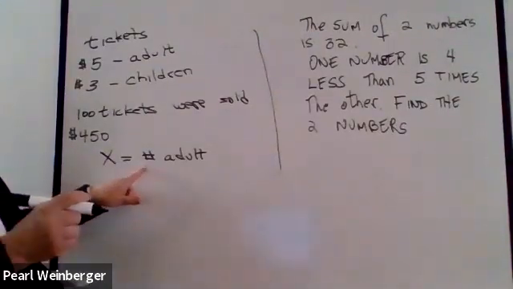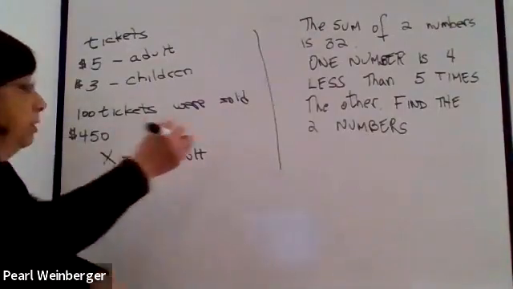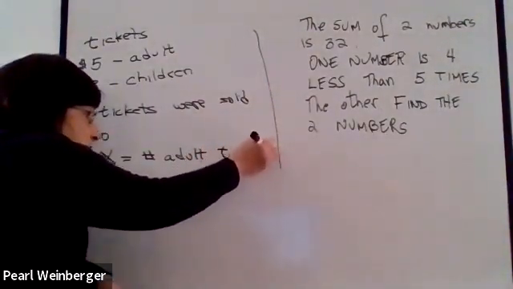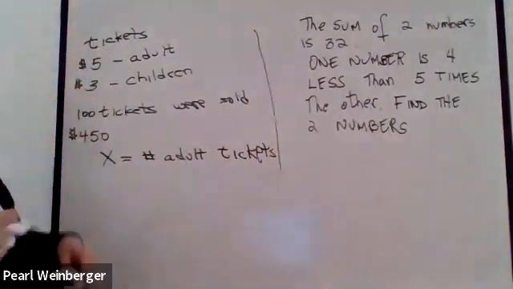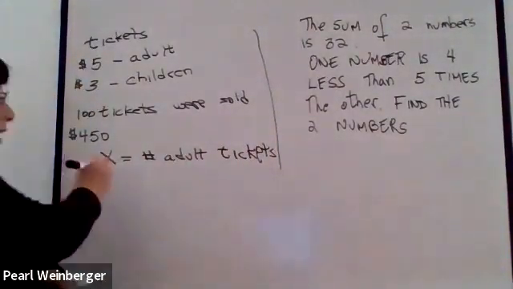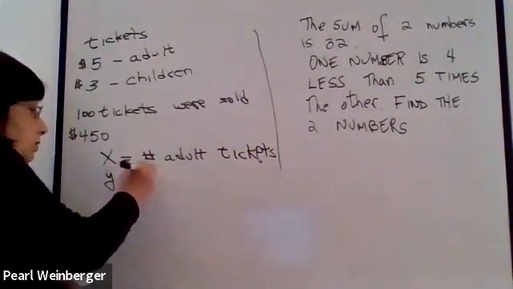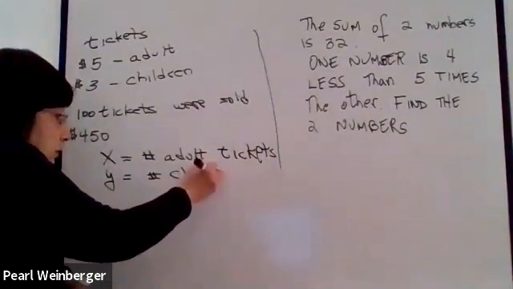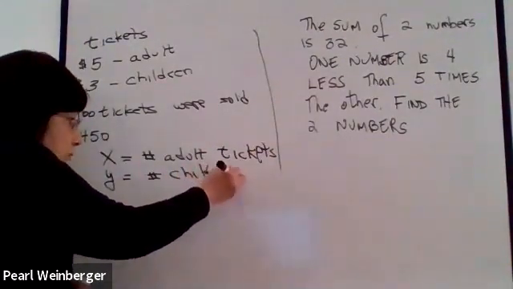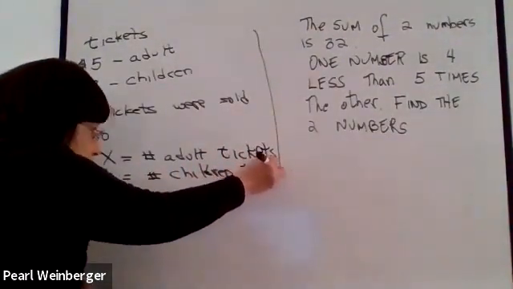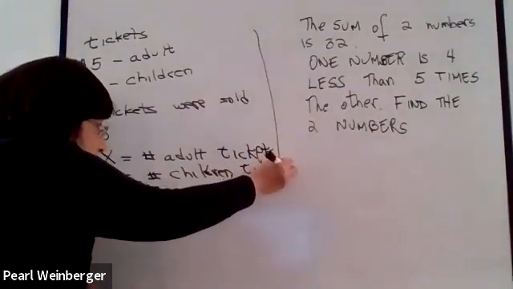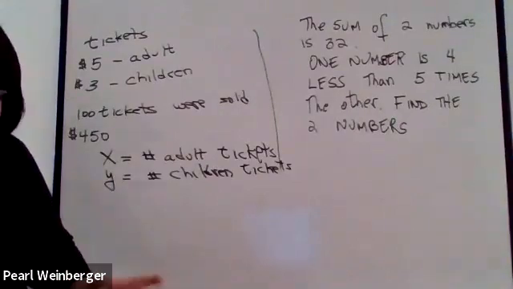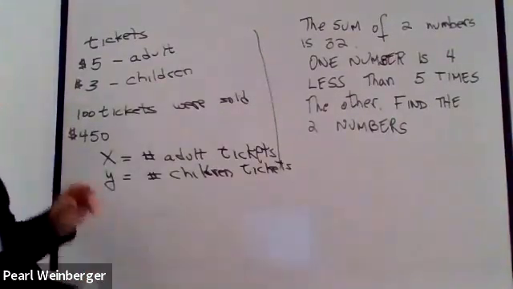So that's why I write let X equal the number of adult tickets. It's much more specific than just saying let X be adult. Obviously, then Y is going to be the number of children's tickets sold. So step one, I've written my legend. I decided what my variables stand for.